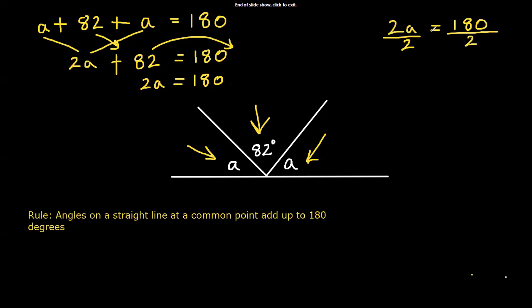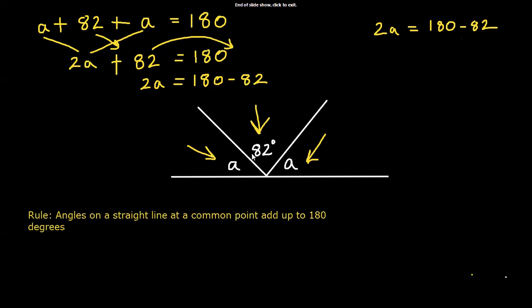Oh my goodness. I didn't subtract, did I? I have to take 82 and subtract it. So let's go ahead and subtract it. So 2A is equal to what? 180 degrees minus 82.